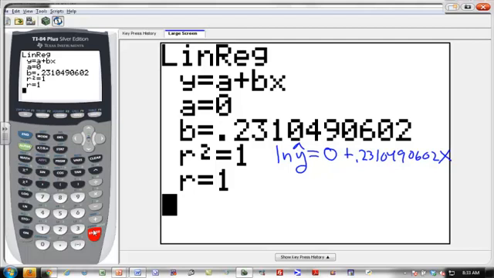I do e to the x on both sides of this equation. I take this natural log of y hat and I make it the power on e. I take this stuff, I make it the power on e. I do the same thing to both sides of the equation.